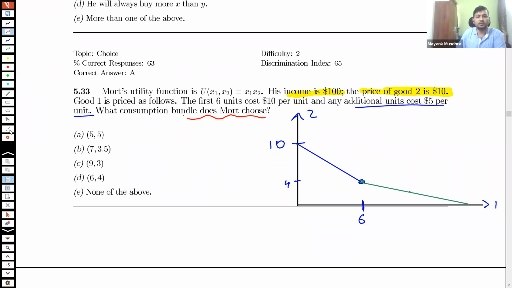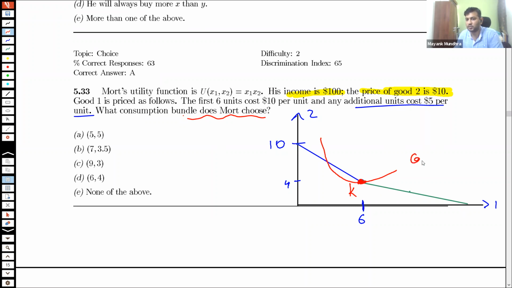One thing to understand is that this kink point K will not be chosen. The 6, 4 can never be chosen. Why? Because at 6, 4, either the indifference curve will pass like this.